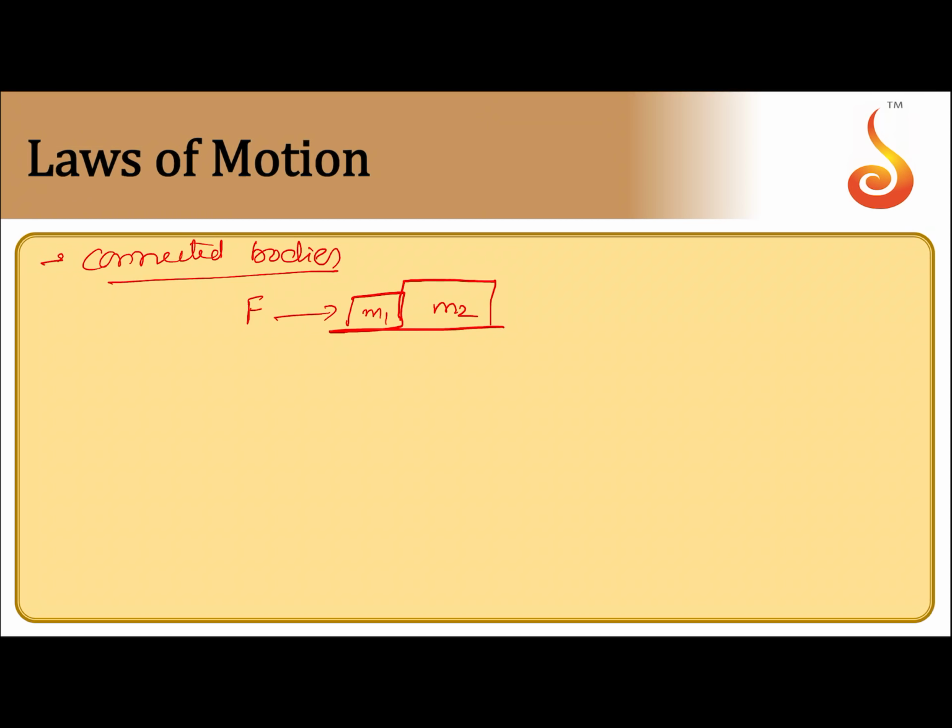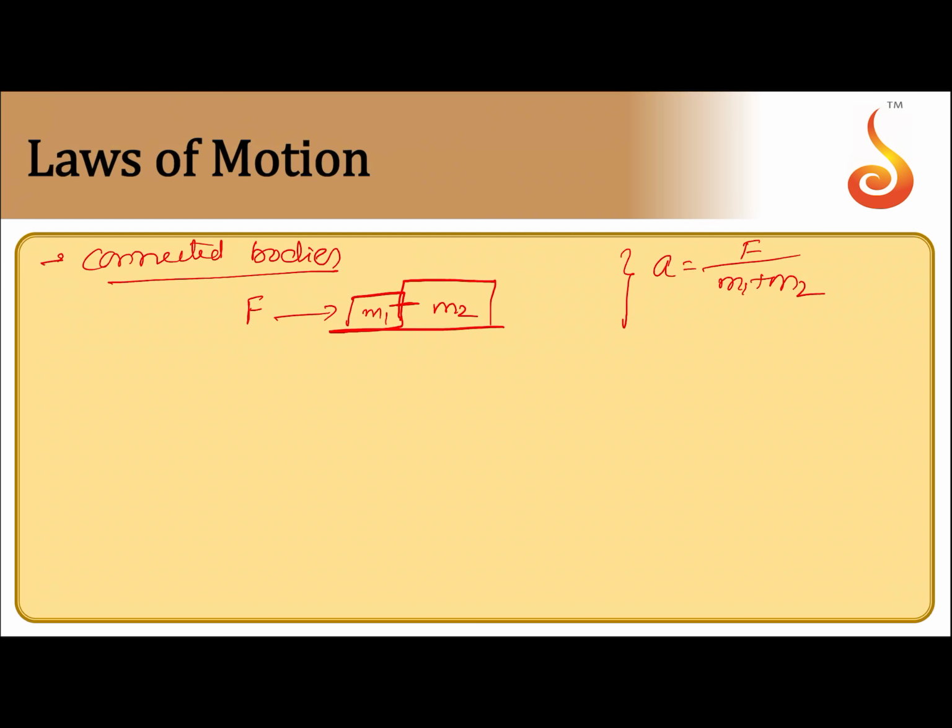Two bodies are kept in contact, force is applied on the block of mass m1. Now what are we calculating? We are calculating two things. One, acceleration of the system. Acceleration of the system is F divided by m1 plus m2.